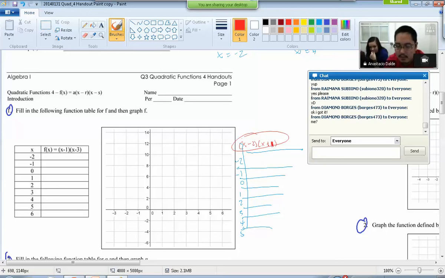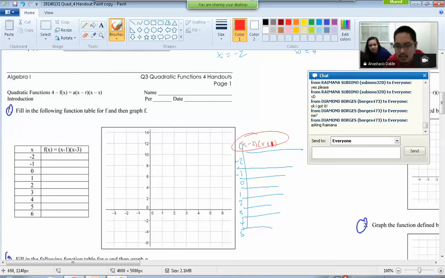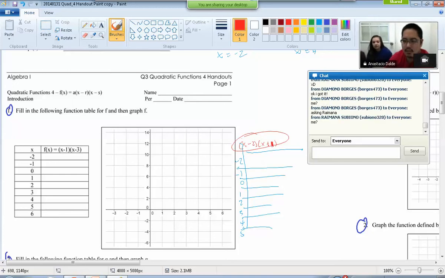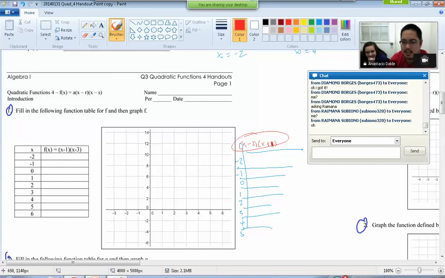What are you talking about, Diamond? Me what? Since you got it. Oh. What is Raimana asking? Raimana's just saying nice beanie. Yeah. Mine was like $20.